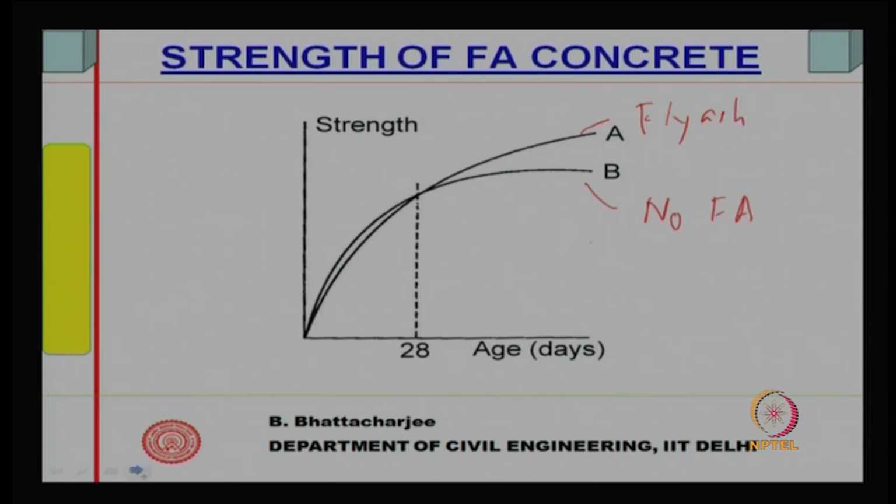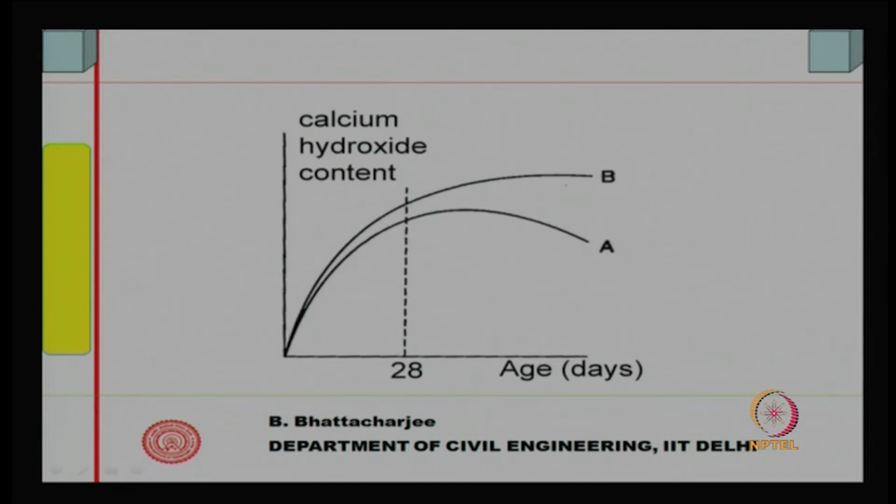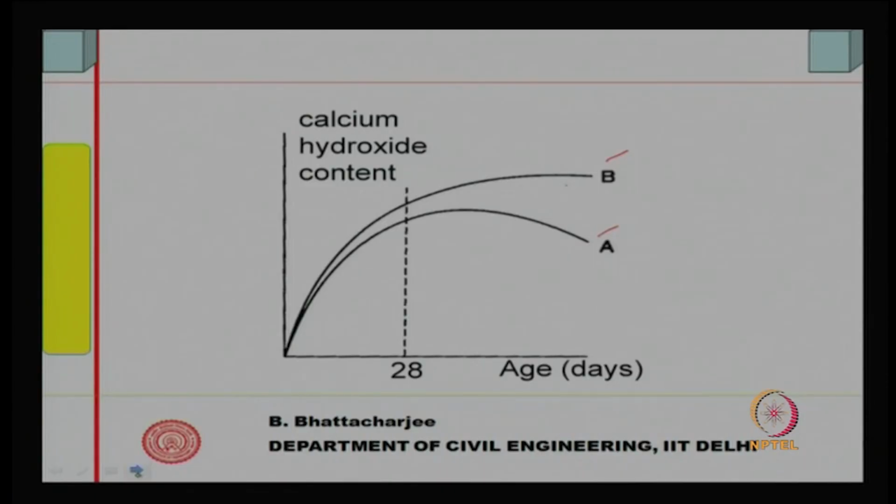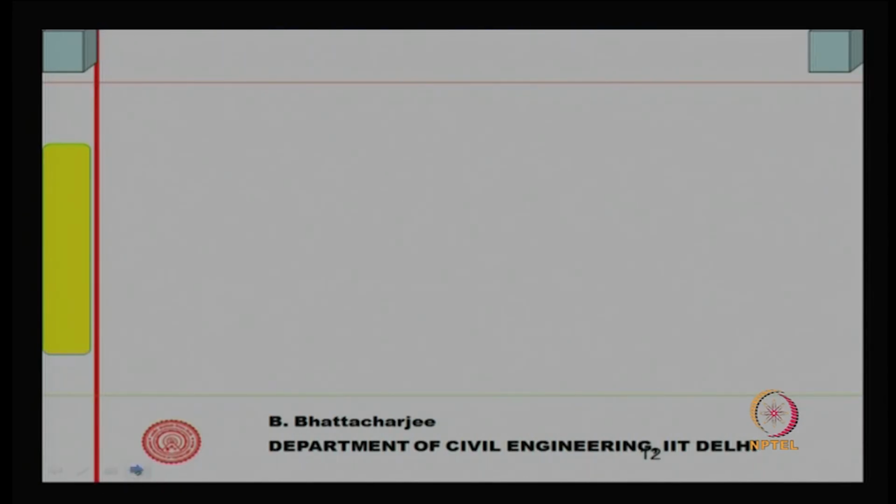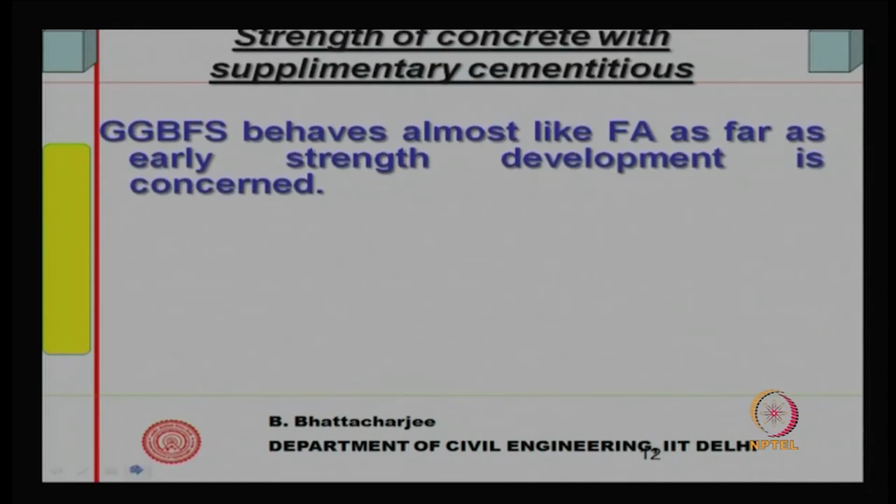So, B will have much higher calcium hydroxide, whereas A has much less calcium hydroxide in the long run, and that is how it is stronger in terms of load carrying capacity, or in terms of strength. So, long term strength is better, short term strength is not so good.